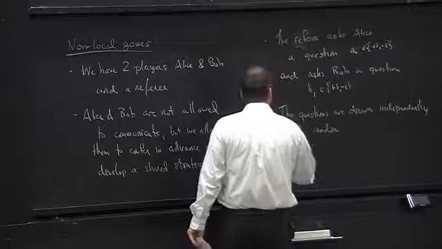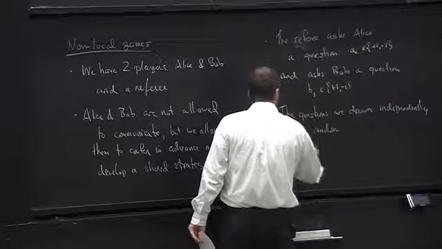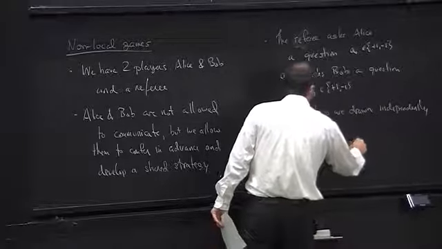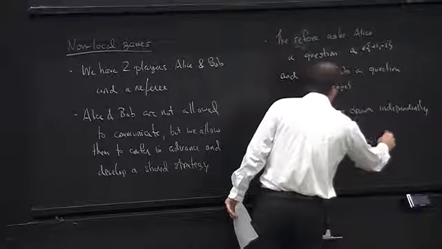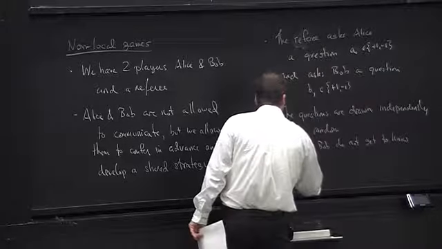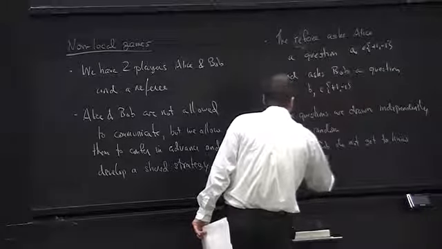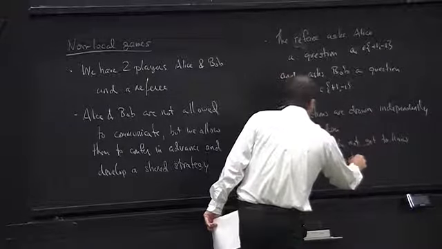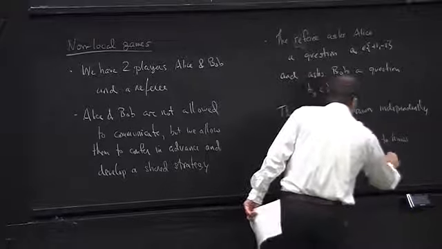The key point is that Alice and Bob do not get to know each other's questions. That's the communication. This is the locality assumption.